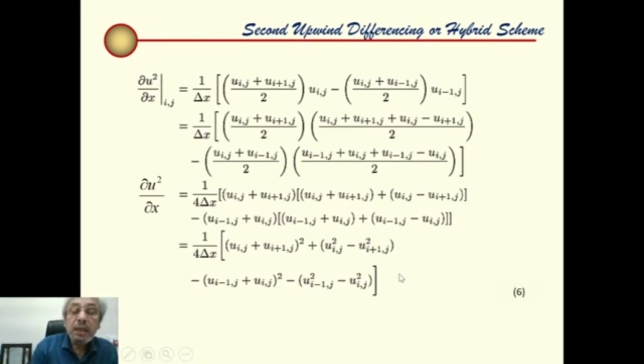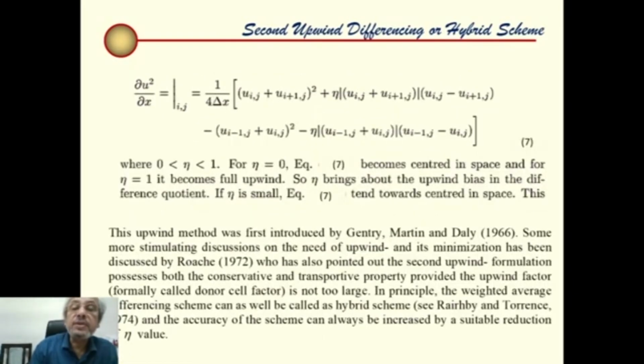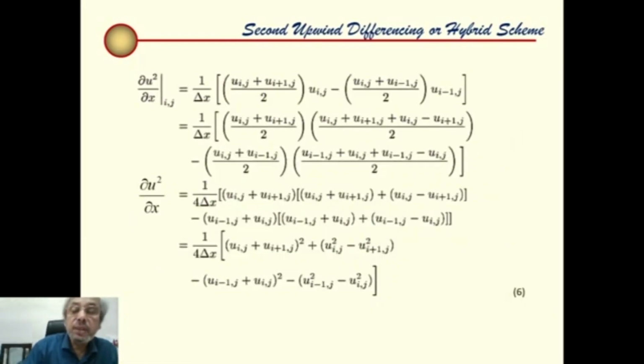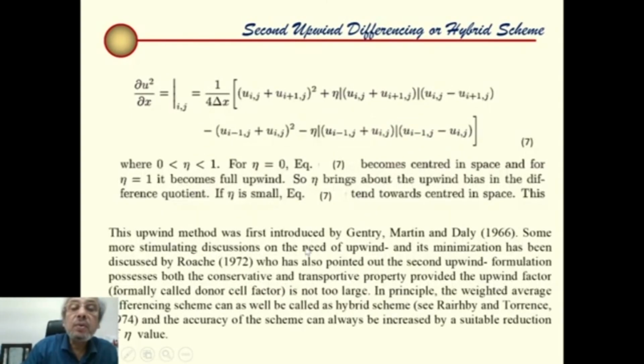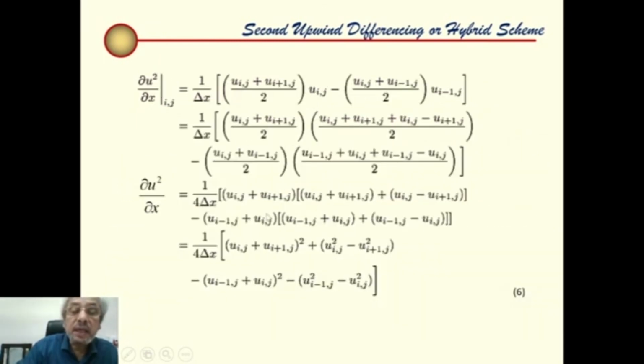So equation 6 we get. Now we will apply another philosophy on equation 6 itself. We will introduce a modulus sign. How? First term we don't touch, uij plus ui plus 1j square. But the second term, essentially we retain the same term, but we place uij plus ui plus 1j, which is basically uij plus ui plus 1j into uij minus ui plus 1j.